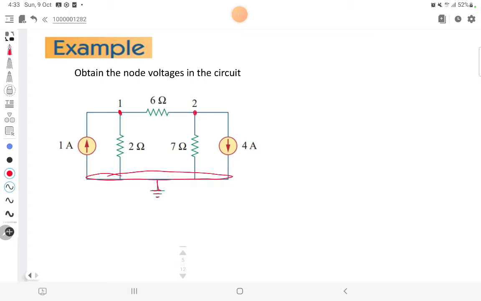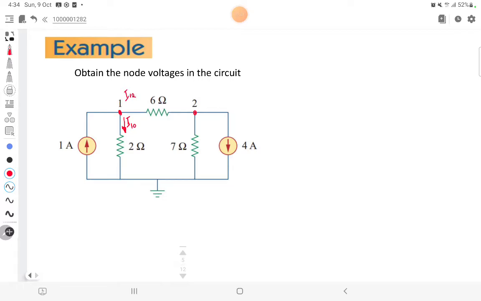Now, upon selecting node 1 and node 2, the next thing to do is to create our current assumptions. I will create my current assumption such that this will be my I10, which is equal to the current entering my 2 ohms. Next is my I12.